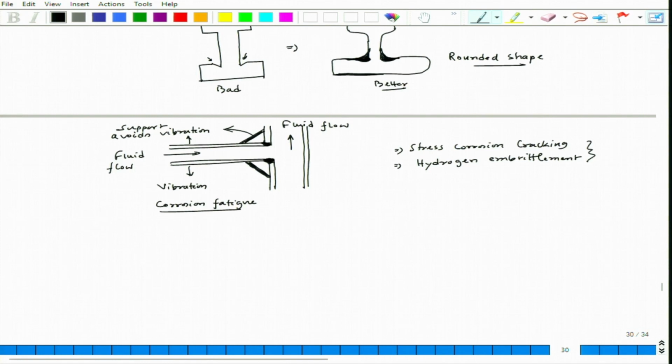In fact, design also can avoid stress corrosion cracking. So, design in terms of material composition, for example, stainless steel. Somehow, if we can avoid precipitation of chromium carbide along the grain boundaries, then definitely we can avoid stress corrosion cracking also.